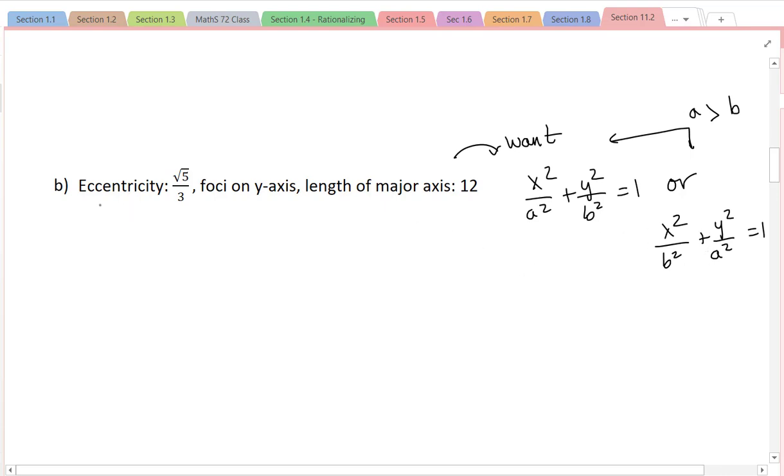Just depending, do we have a horizontal major axis or do we have a vertical major axis? So let's see, how can I tell from here? Notice here that it says the foci is on the y-axis. So that means the coordinates of the foci, if on the y-axis, x is 0 and we're going to have plus or minus c. So this tells me that I have a vertical major axis.